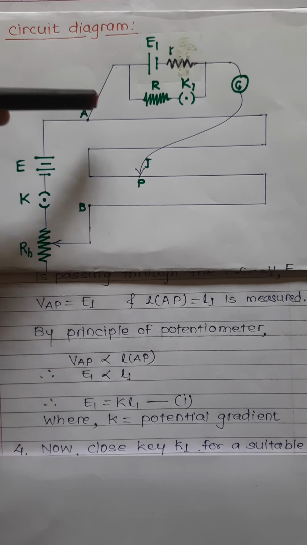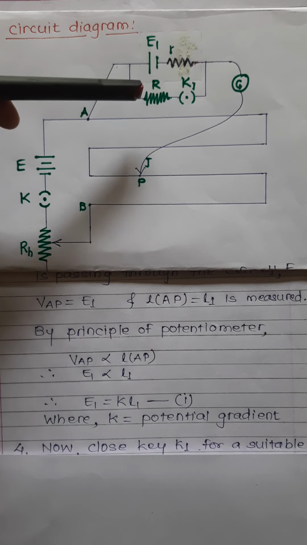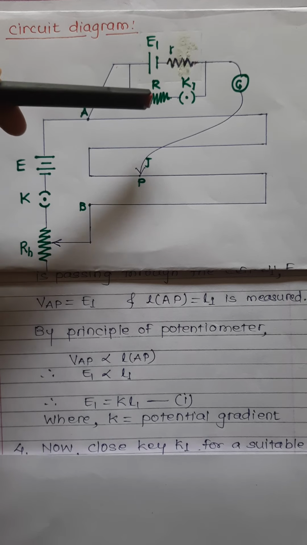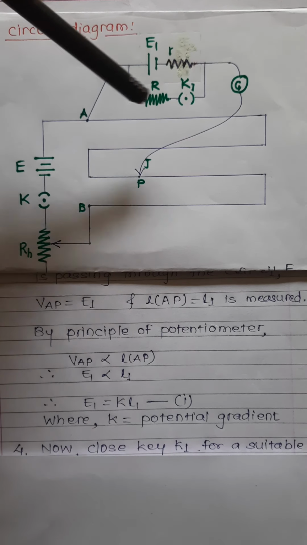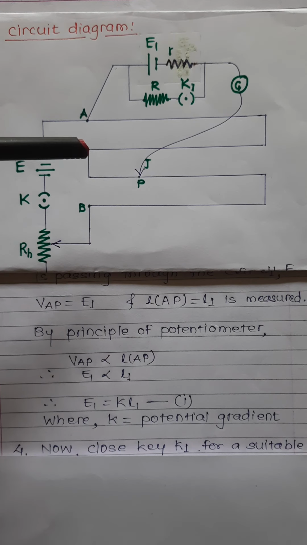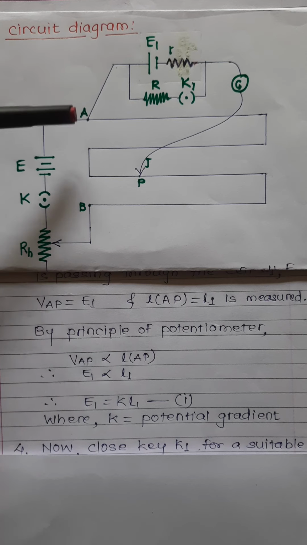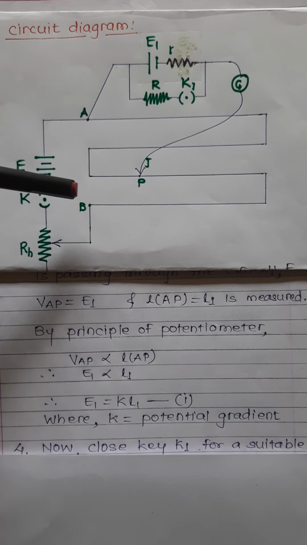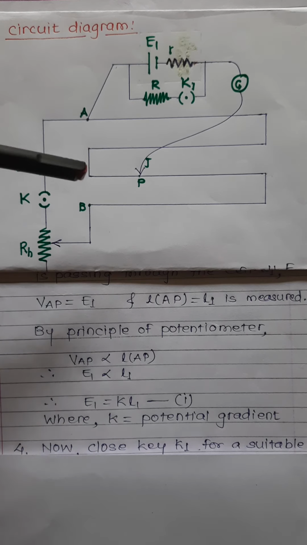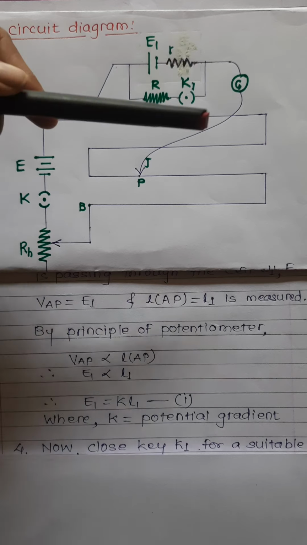Now, for second part, close this key K1 and take out some suitable resistance from this resistance box R. So current will pass through this complete part also. Now touch jockey at different points of potentiometer wire AB and again find null deflection point P, for which no current will pass through this galvanometer.